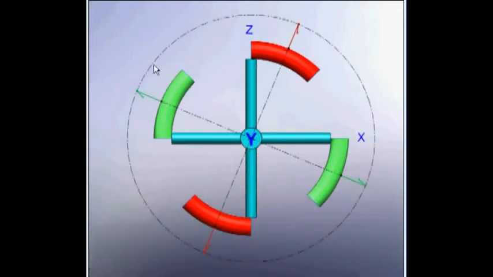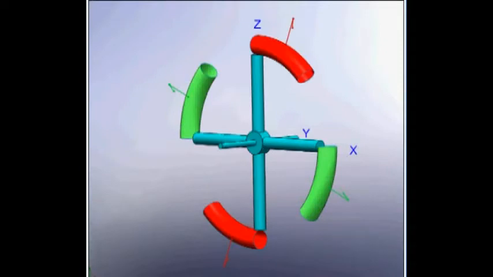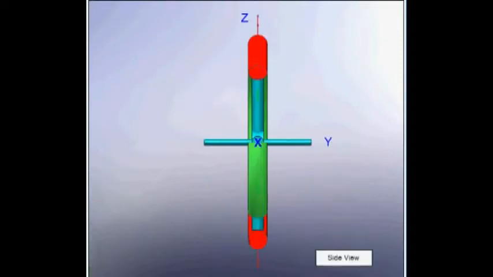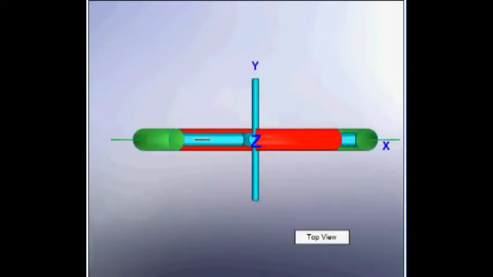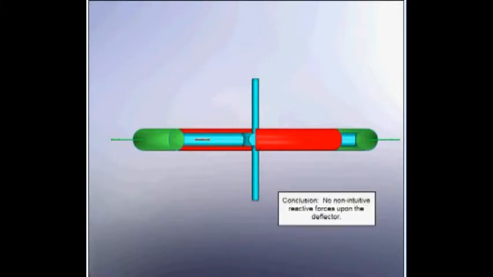We can also see by this circle that they're all the same magnitude, so we shouldn't expect any sum forces on the deflector. We can spin the deflector around, looking at the side view, and we can see that the forces are in the plane of the deflector, so there shouldn't be any torques in any other plane as well, as we can see from the top view. So the conclusion: no non-intuitive reactive forces upon the deflector.